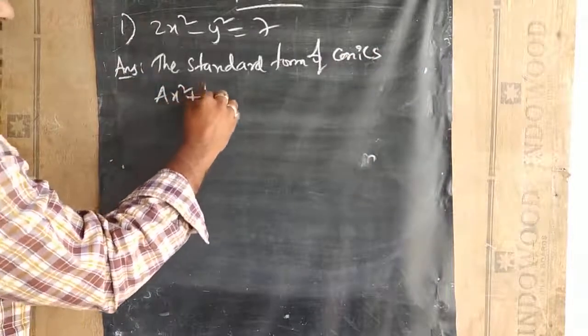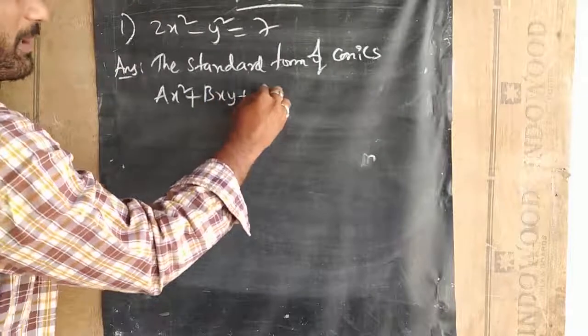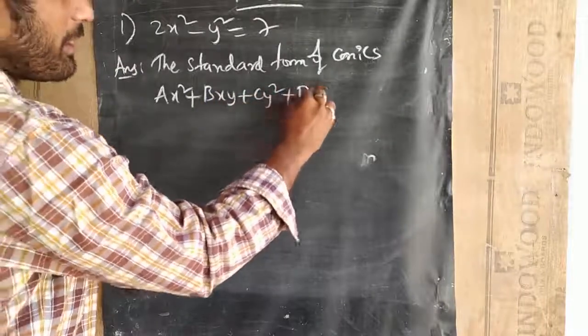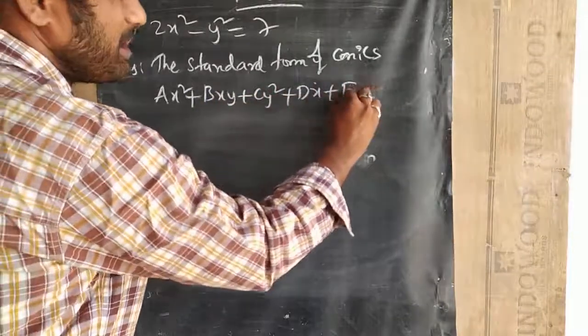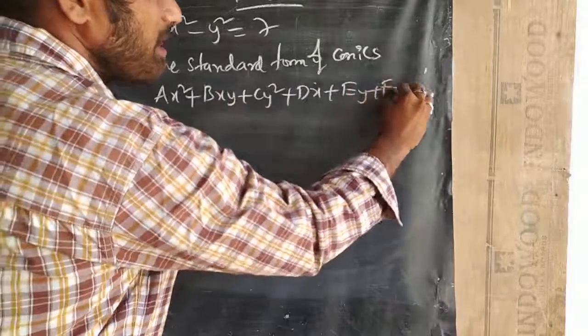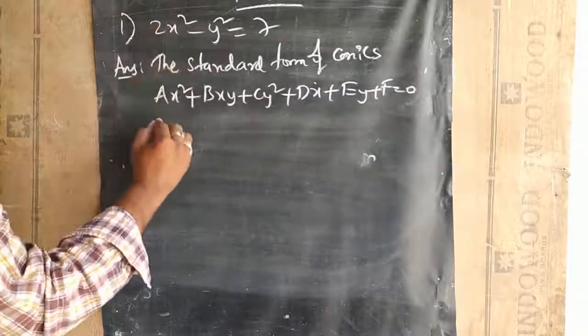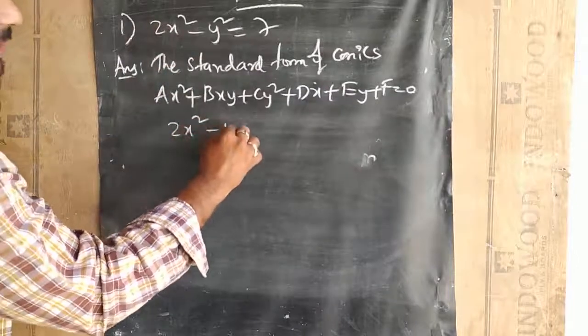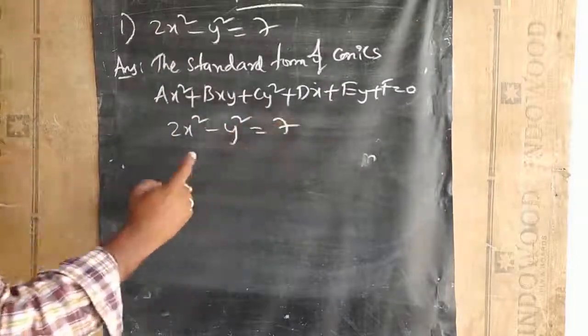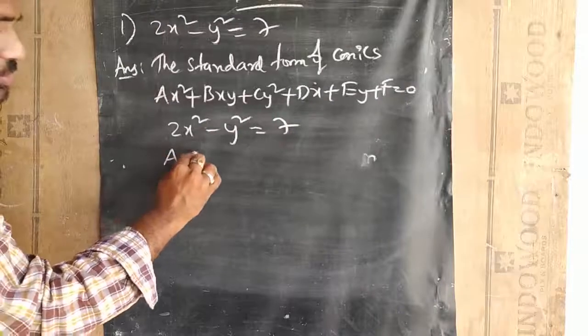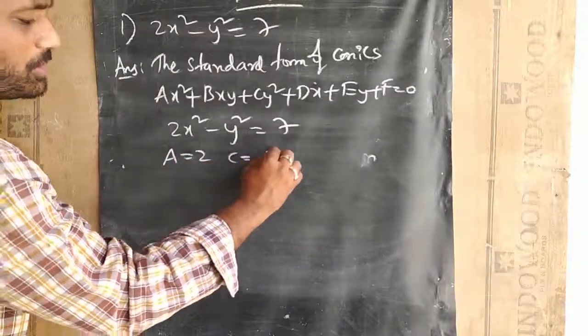Ax square plus bxy plus cy square plus dx plus ey plus f is equal to 0. So in this case, if you compare that, 2x square minus y square is equal to 7, here a value is 2 and c value is -1.